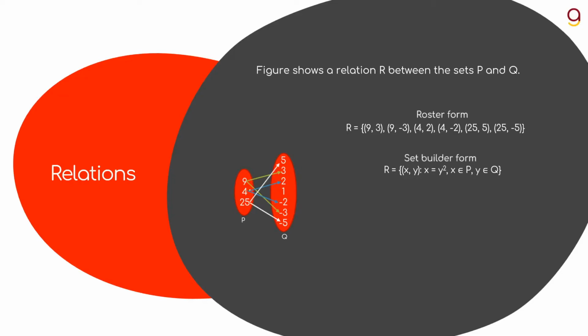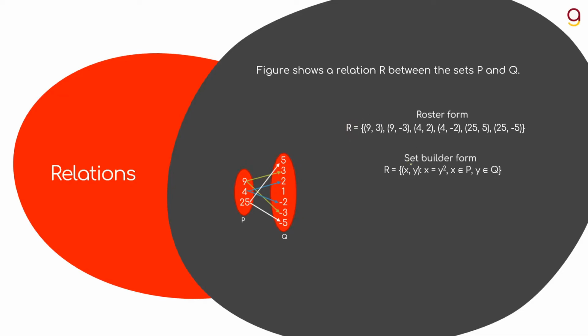Next, the element 4 of set P is linked with the two elements 2 and -2, shown by the blue arrows. Clear? And then the element 25 of set P is linked with the elements 5 and -5 of set Q. So we have these 6 ordered pairs as the elements of the set R.